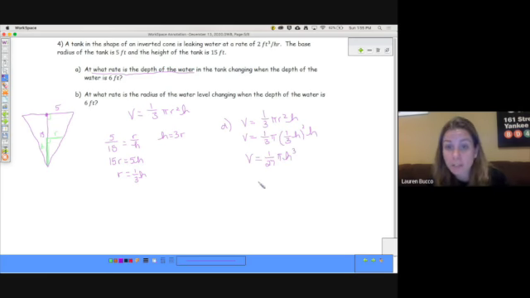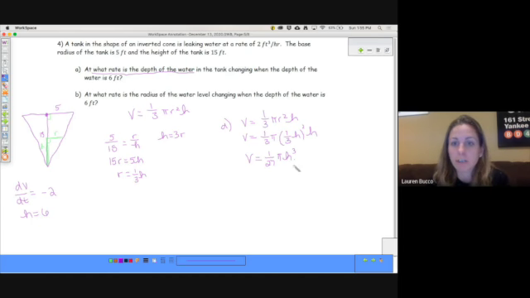And now I'm ready to differentiate. I'm going to be able to find dH dt because I know, what do I know? I know the rate at which the volume is changing with respect to time, right? The tank, it's leaking water. So right away, that tells me it's a negative rate. So dV dt is -2. And I know that H at this exact moment is equal to 6.